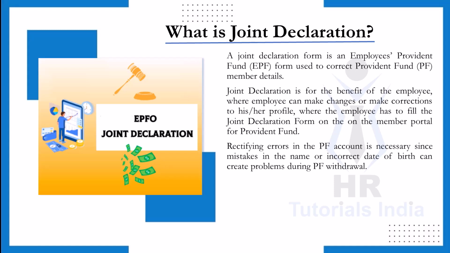Because if the date of birth or name is mismatched with the Aadhaar or the bank details, the withdrawal of PF will not be possible. So an employee should make sure that the details, that is name, date of birth, father's name, etc. should be correct and should match with the bank and the Aadhaar. So here the joint declaration will help the employee to make the corrections in their profile.